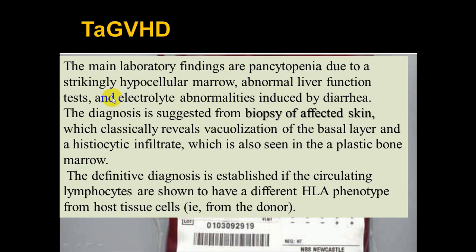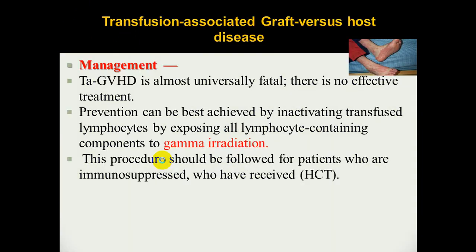The diagnosis of transfusion-associated graft versus host disease is confirmed by biopsy of the affected skin, which classically reveals vacuolization of the basal layer and histiocyte infiltrate. The definitive diagnosis is established if the circulating lymphocytes are shown to have a different HLA phenotype from the host tissue, i.e. from the donor. The outcome is almost universally fatal. There is no specific treatment.